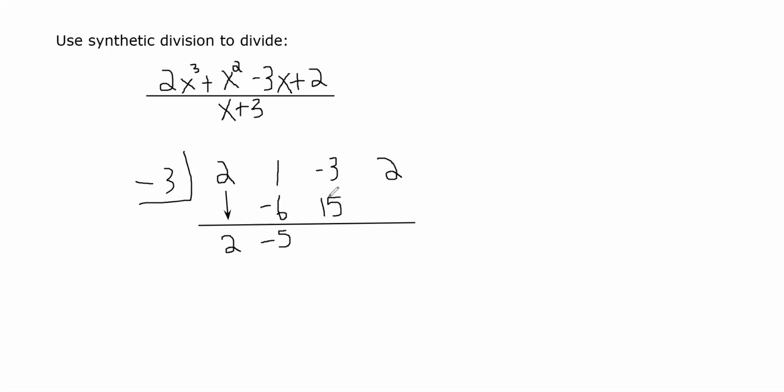Negative 3 plus 15 is going to be 12. Negative 3 times 12 is going to be negative 36. 2 plus negative 36 is like 2 minus 36. It's going to be negative 34. So this is going to be our remainder.